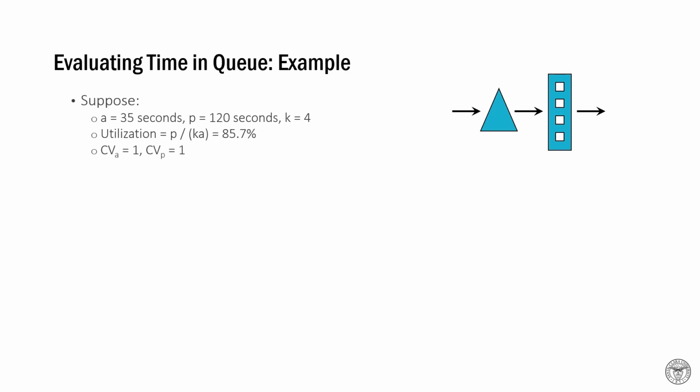The utilization in this case is calculated as P over K times A, which equals 85.7%. We assume that both CVA and CVP, coefficients of variation for arrivals and service times, are 1.